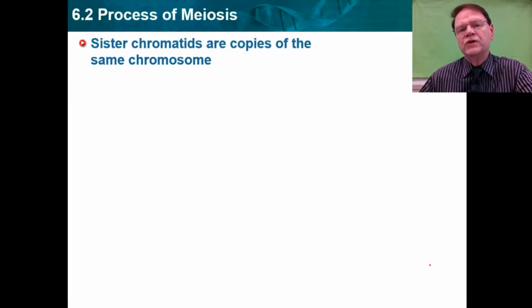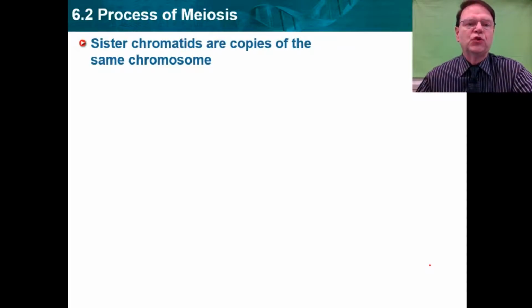Now, there's another set of chromosomes that we need to consider as well. And we refer to these as sister chromatids. And these are copies of the exact same chromosome. If you recall back in your days of studying mitosis, during the cell cycle, in part of interphase that we refer to as synthesis, copies of chromosomes are made.